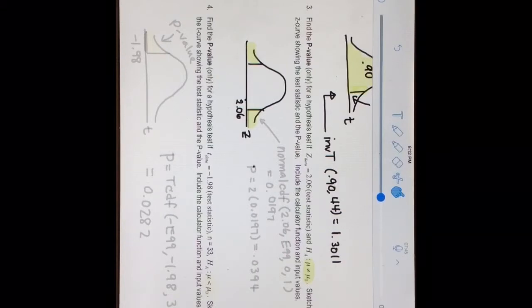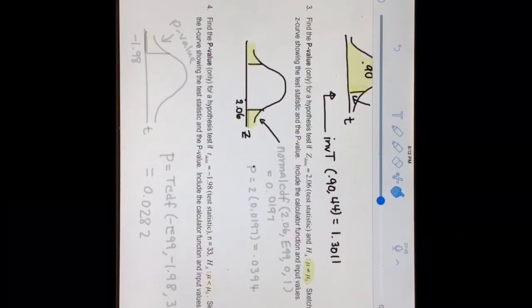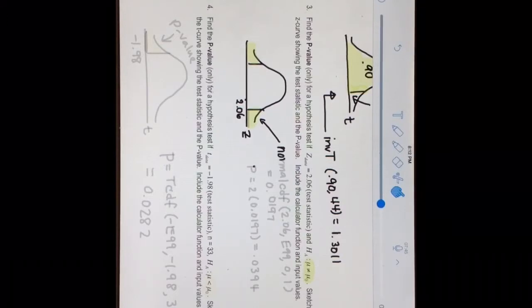Now the p-value is obtained via the TI function normalcdf, with the lower limit for this range here, so 2.06, and the upper limit, a very large number, and then the mean and the standard deviation.